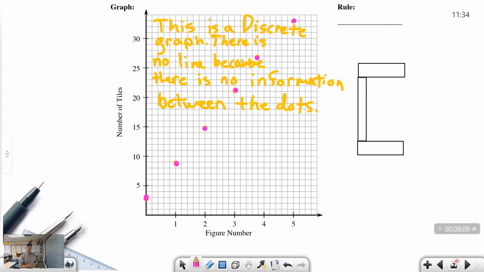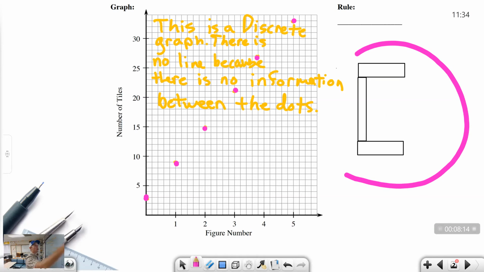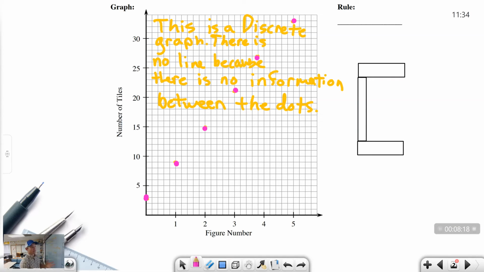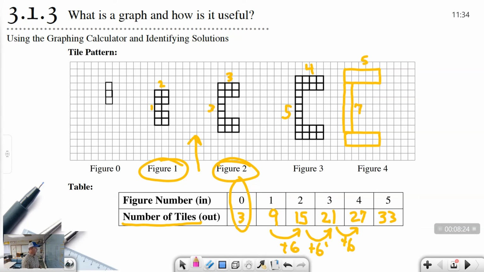Okay. Now let's go ahead and complete our rule to help us out with the 100th figure. Off to the right-hand side, we are going to draw a generic 100th figure. But before we get to that, let's go back to our rule. Now, you need to be thinking silent board game. You have a pattern, a rule, right?